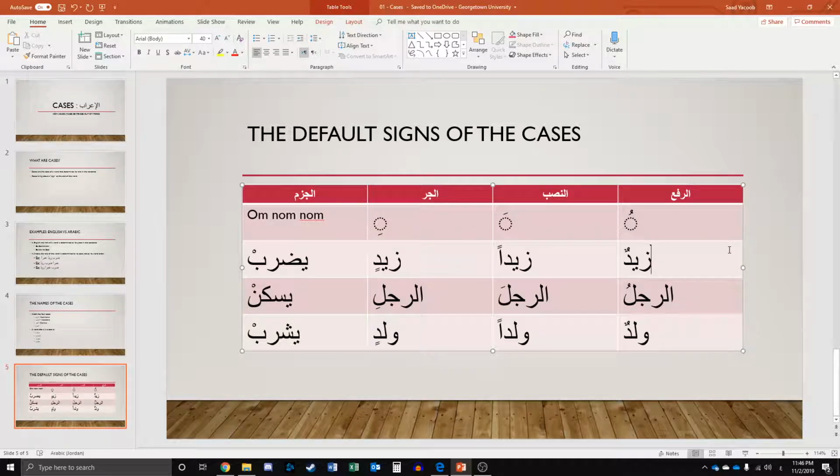So if Zayd is in rafa', that will show with the dhamma: Zaydun. If we have a rajul in rafa', it gets a dhamma: rajulu. Again, walad, if it's in rafa', waladun, because it's the dhamma.